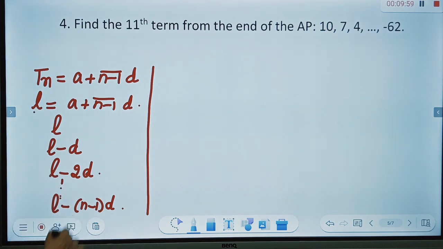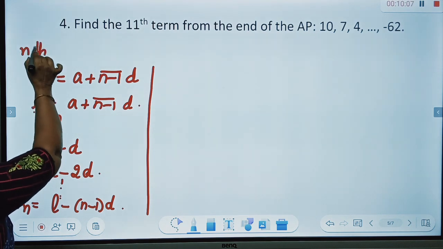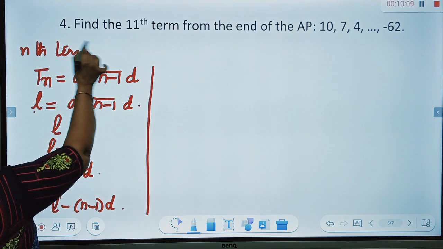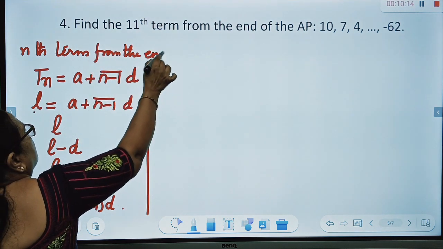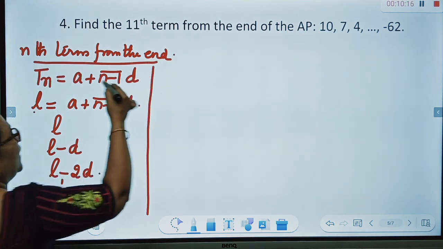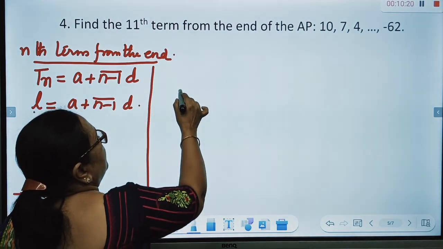So Tn will be L minus (n minus 1) into D. This is the nth term from the end. So you can derive the formula.